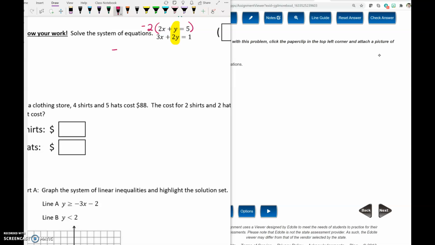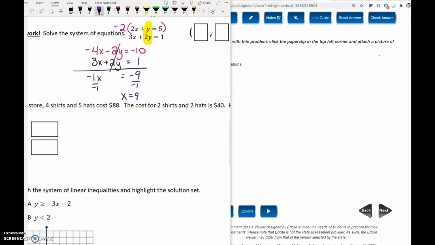So I would have negative 4x minus 2y equals negative 10. And on the bottom, I'd keep that same one, 3x plus 2y equals 1. Add these together. This would be negative 1x, that would cancel, equals negative 9. So x equals positive 9.